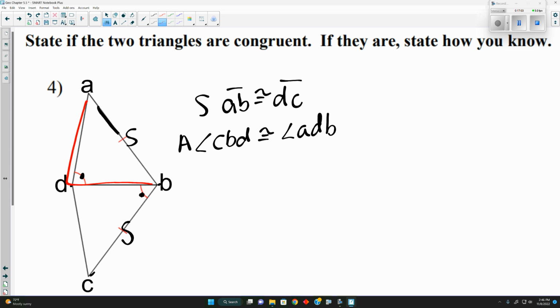Because we have a side, we have an angle, and BD is congruent to. So we do have a side, angle, side, yes? Because for the bottom one, we have a side, an angle, and a side, yes? On top, what do we have? We have a side, side, angle.